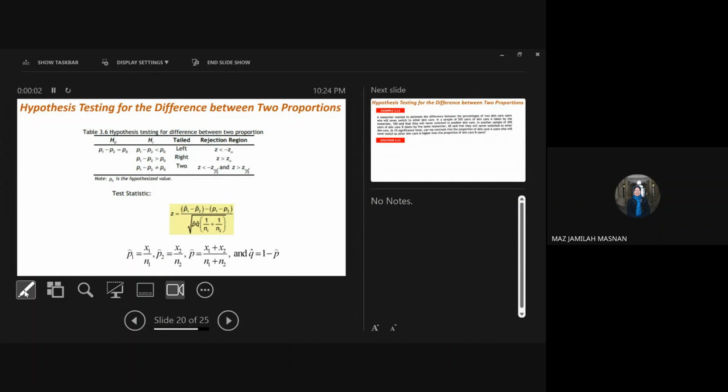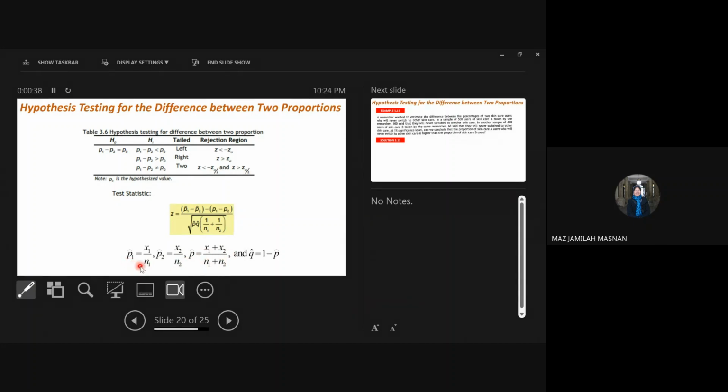Please remember, some of the students who don't really understand will make a mistake for sure. For two population proportions, there are three things that you have to find. First is p1 hat, the proportion from the first population or first sample. The second is the proportion from the second sample. The third is the overall proportion taking into account both sample 1 and sample 2.